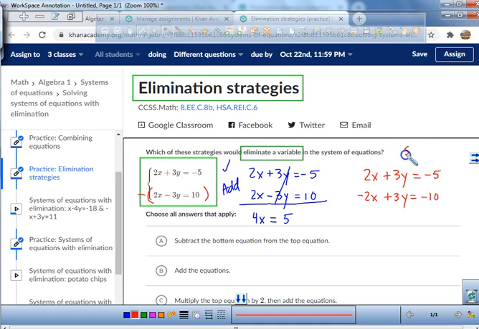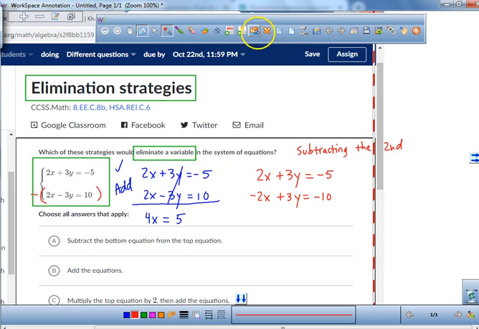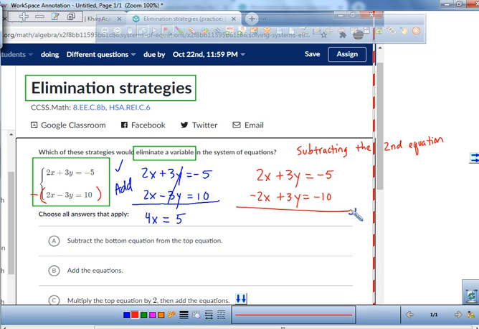So what am I doing here? I'm subtracting. I'm going to write the word subtracting the second. That's a horrible N. Here we go. I'm subtracting the second equation. All right? So if we subtract the second equation from the first equation, what happens to all of my x's?